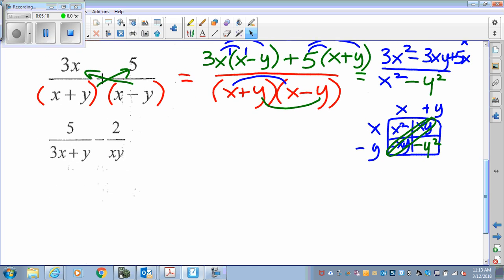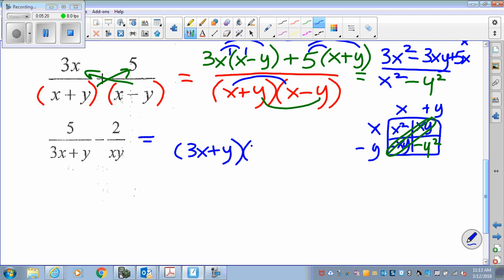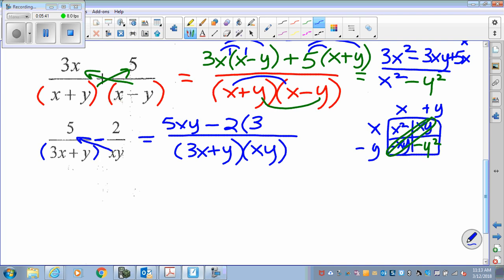All right, and so now we've got this here. Again, my least common denominator is going to be 3 plus y times xy. Or that actually might not be my least common denominator, but it's a common denominator. And so now I'll go ahead and multiply across, so I get 5xy minus, because of this minus, 2, and this is a binomial, so it'll be 2 times the whole thing, 3 plus 3x plus y.